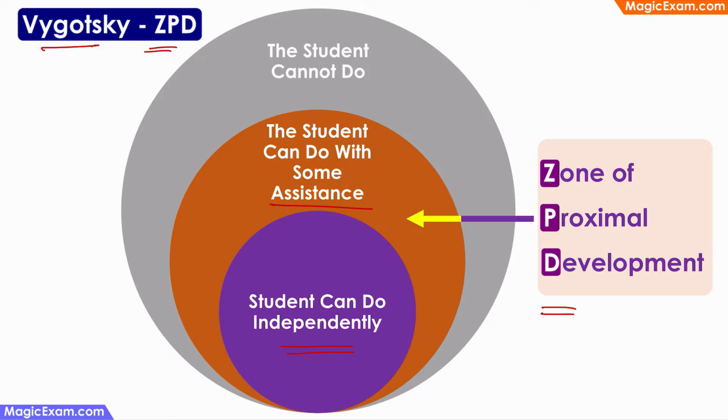Then there will be some activities where the student has all the basic knowledge or has the basic skills. But to accomplish those tasks or do that work, the student needs some assistance or guidance or support. So those tasks fall under the zone of proximal development. And then there will be some tasks or some activities that the student cannot do at his or her current level. So they are future learning.